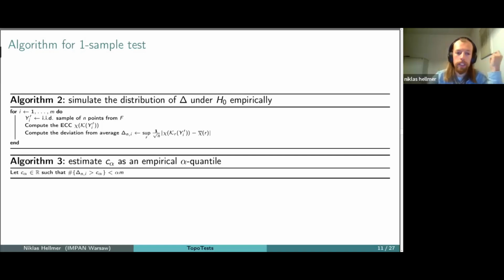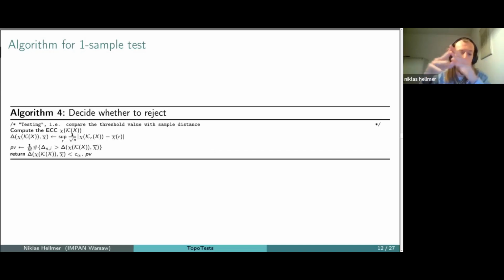And then the actual testing is where finally our sample comes in. We compute the ECC of the sample. We compute the supremum distance between this ECC and our average ECC. And we can get a p-value by counting how many times in our simulation of the test distribution under the null hypothesis we observed a value exceeding this one that we have just seen.